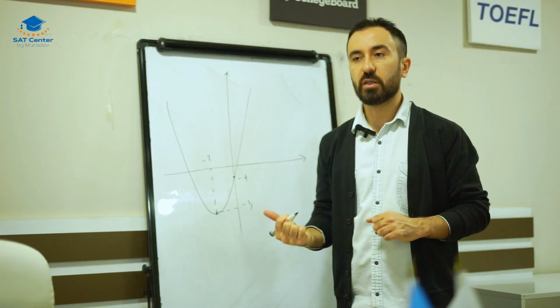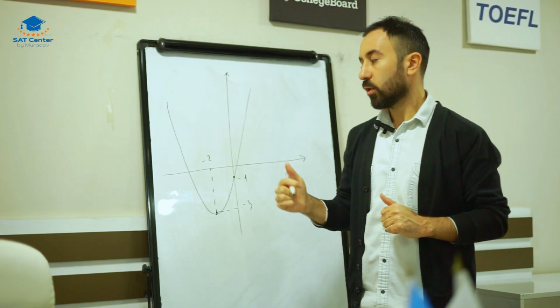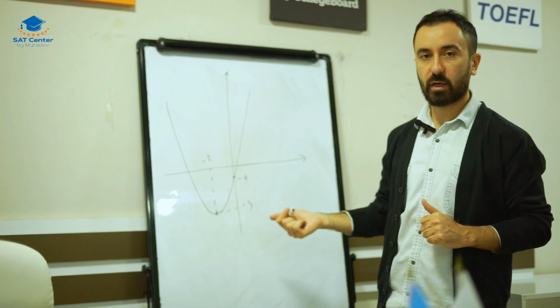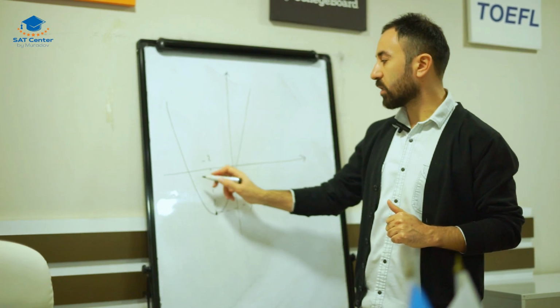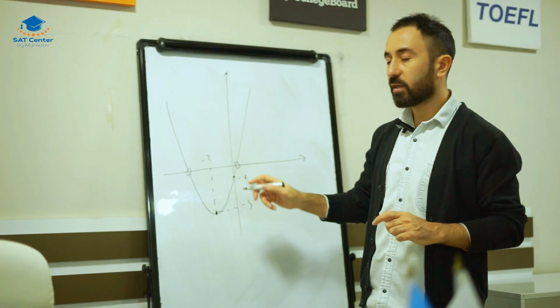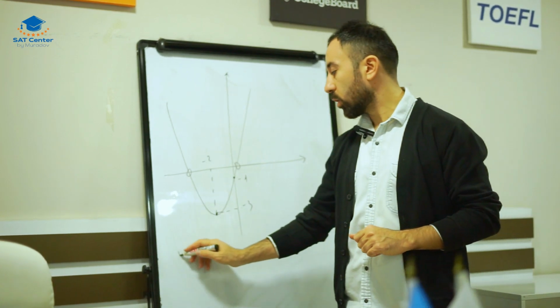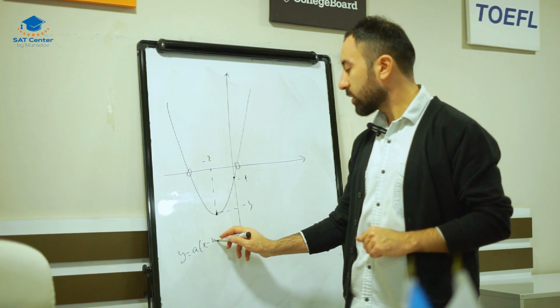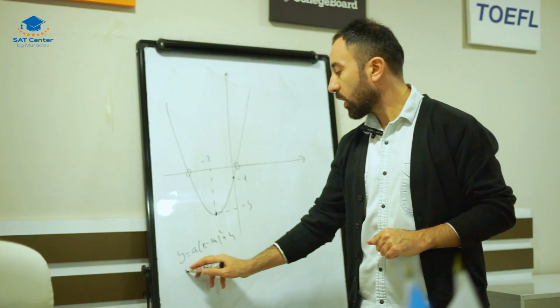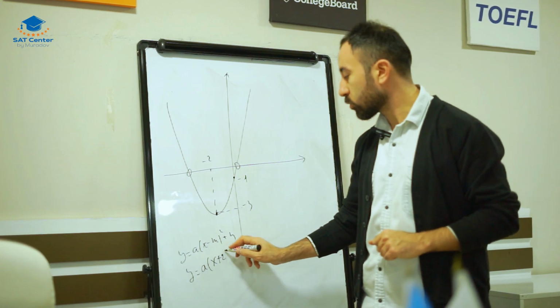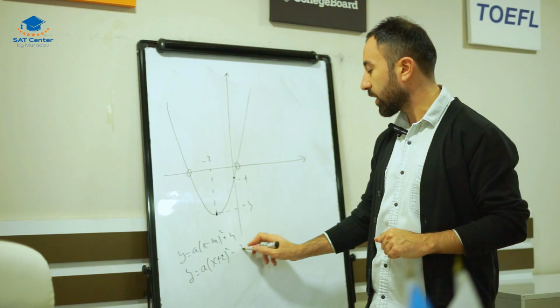In this kind of example, if we need to find the equation of the parabola, we can start to solve it with vertex form, not factorized, because the vertex point is given. For factorized form, x-intercepts are not given. So, y equal to a, x minus m squared plus n. Y equal to a, x minus negative 2, which is plus 2, squared, plus n, which is minus 3.